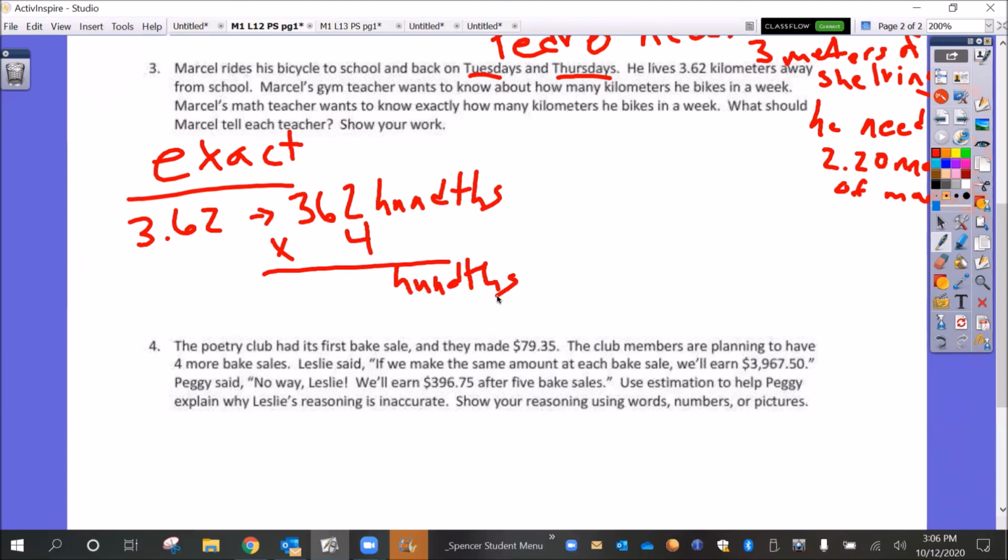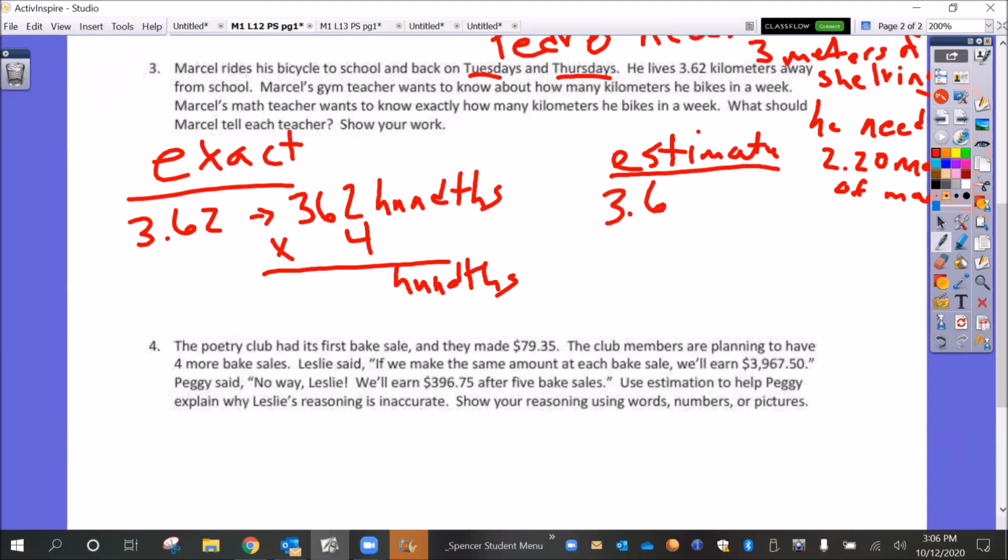Now let's think about the estimate. Well, with the estimate, we're still going to be multiplying by 4, but let's round. 3.6 is closer to 3.5 than 4.0.